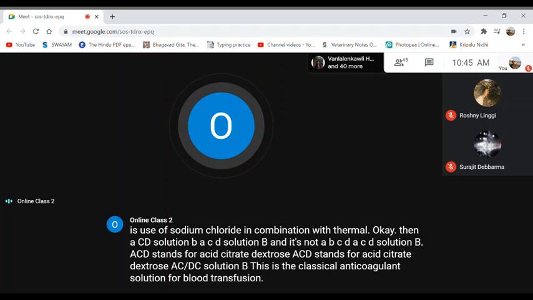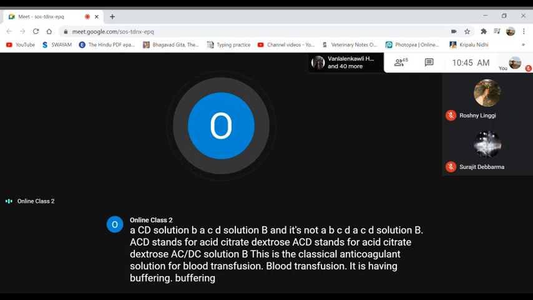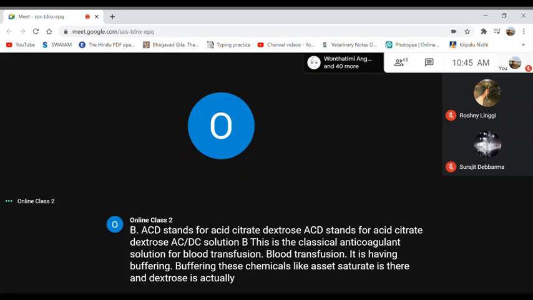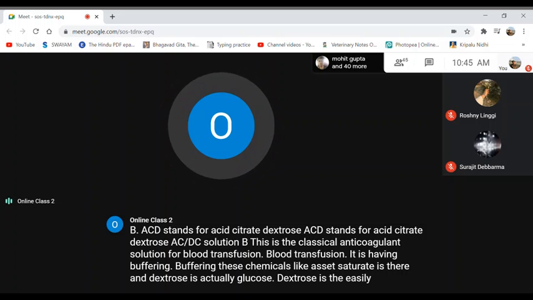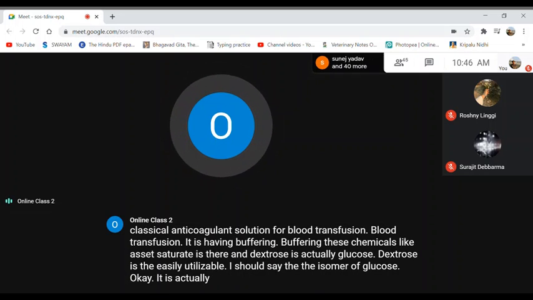It has buffering chemicals like acid citrate, and dextrose is actually glucose. Dextrose is the easily utilizable optical isomer of glucose, dextrorotatory glucose.